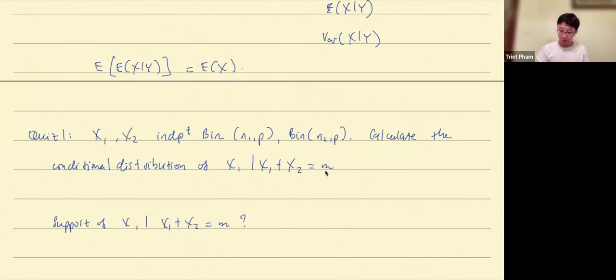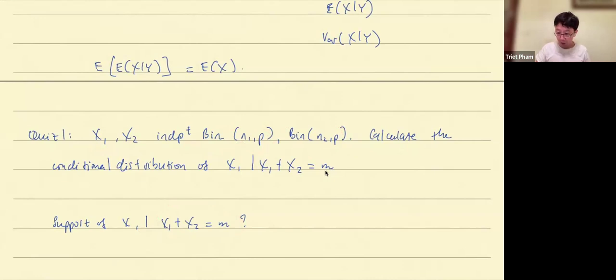So x1 being a binomial, x2 being binomial, meaning they're all non-negative integers, then if x1 plus x2 equals m, and that's what we condition on, then clearly x1 cannot take a value bigger than m.